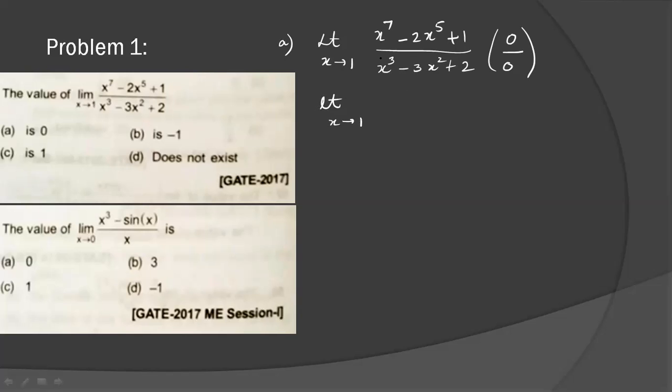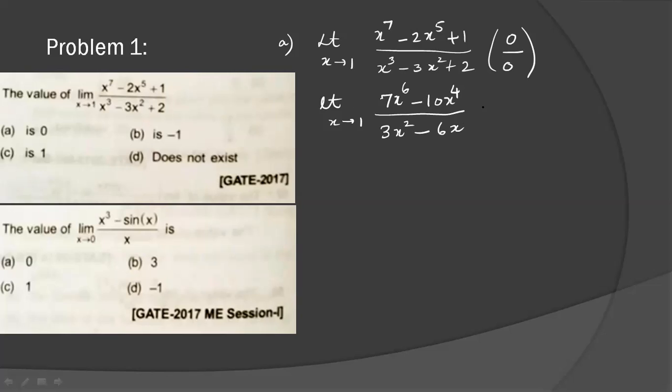In lecture 16, I told you polynomial functions are differentiable in the entire real line. So we can differentiate numerator and denominator separately with respect to x. Differentiating x to the power 7, you get 7x to the power 6 minus 10x to the power 4, and the derivative of 1 is 0. In the denominator, it will be 3x square minus 6x.